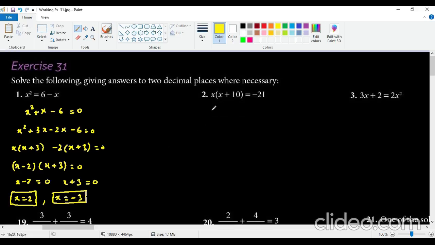This gives us x squared plus 10x, and minus 21 will come this side and becomes a positive 21 equals 0. So in here the factors we have are 7 and 3. 7 times 3 is 21, and plus 7 and plus 3 is going to give us 10x. So I will write something like this: plus 7x plus 3x plus 21 equals 0.